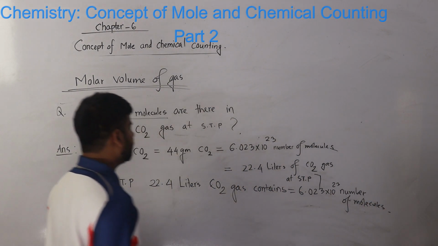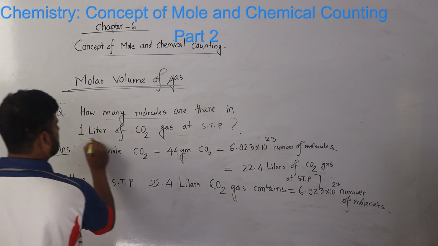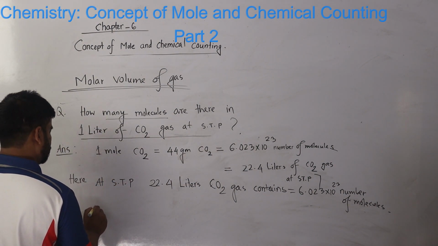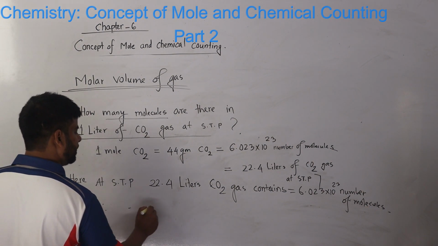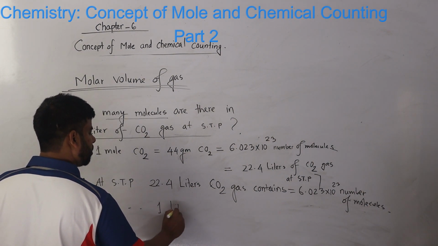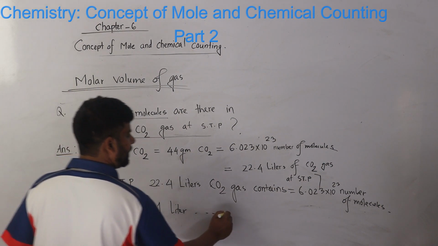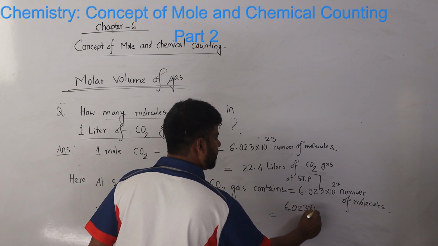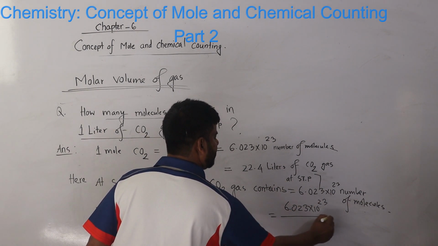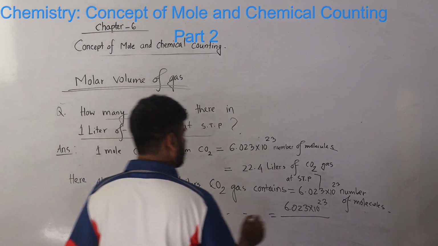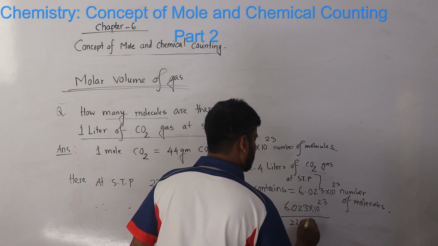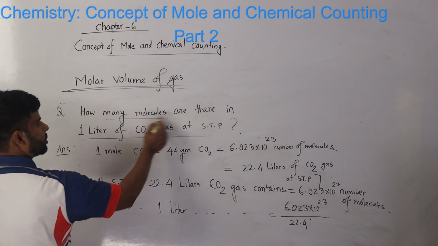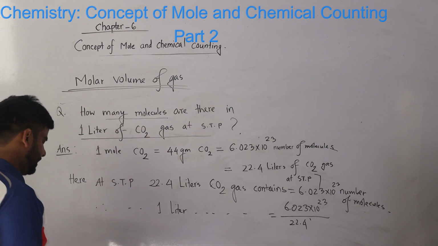But we have to find out the number of molecules present in 1 liter. So at STP, 1 liter of carbon dioxide gas contains 6.023 × 10^23 divided by 22.4 liter, because we have to find out the number of molecules in 1 liter at STP.